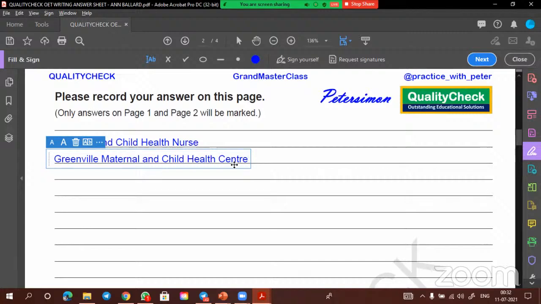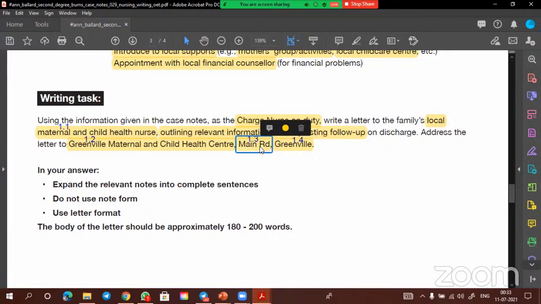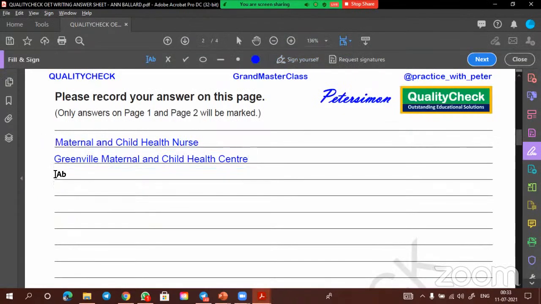So I'm picking up the information. You are able to see what I'm doing very clearly. And third one is here. Third line. Main road. So you can write main road.